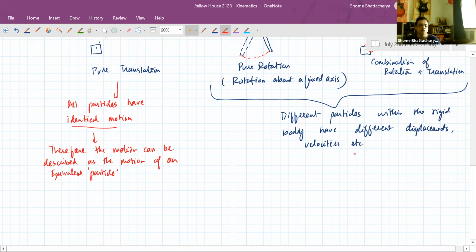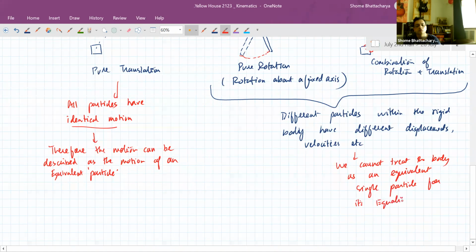Whereas in this case, you cannot do that. We cannot treat the body as an equivalent single particle for its equations of motion. So this type of motion we will study in a later chapter.